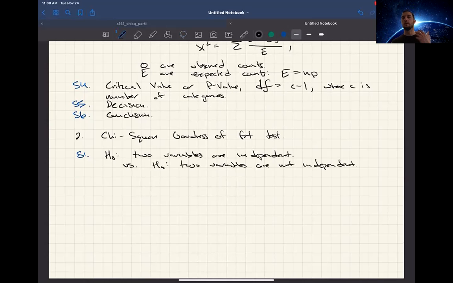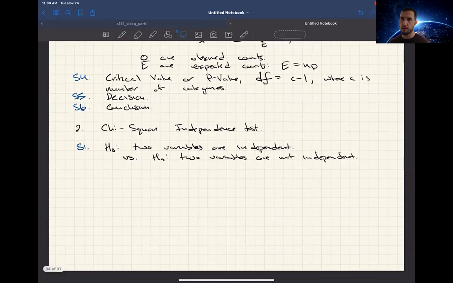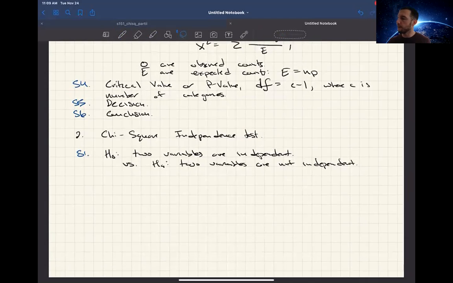Okay. So the first test, which was the goodness of fit test, is utilized when we want to establish if one variable follows a pre-established pattern. So it's a one variable goodness of fit, or one variable chi-square test. The second chi-square test, which is not the goodness of fit test, but the independence test, okay, the chi-square independence test is used when we want to determine if two variables are independent of one another. Okay, so this would be the two variable chi-square test.